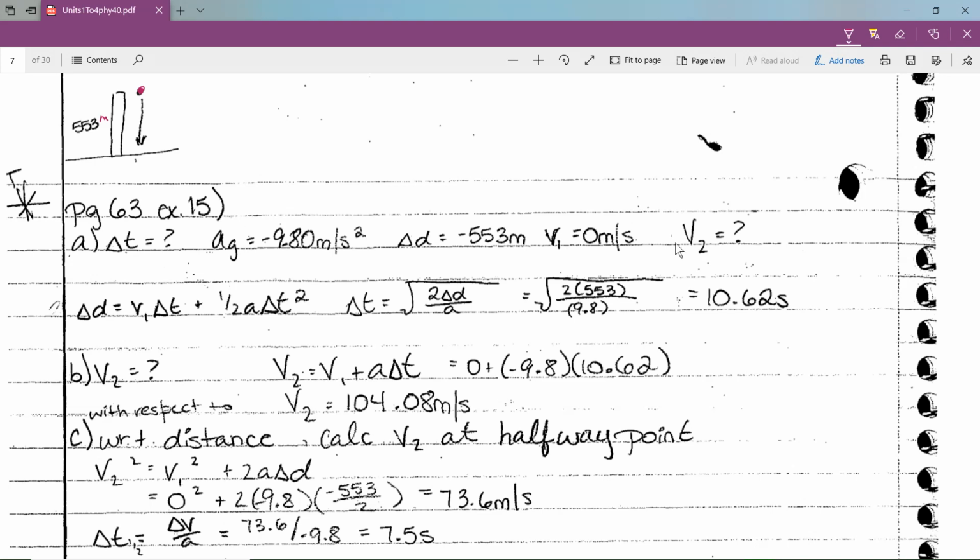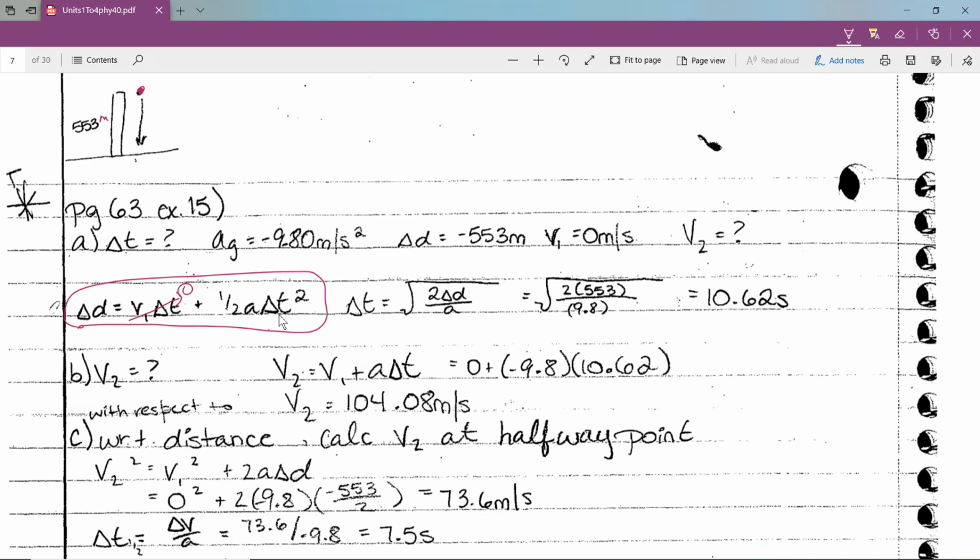V average, let's get that too somewhere. Actually, let's not bother with that here because there's two points to this. Or I'll do it later. So let's see. Let's use an equation we haven't used yet, just for some variety here. So if the displacement is V1 delta t plus 1/2 a delta t squared, and it's at rest, then this term vanishes.